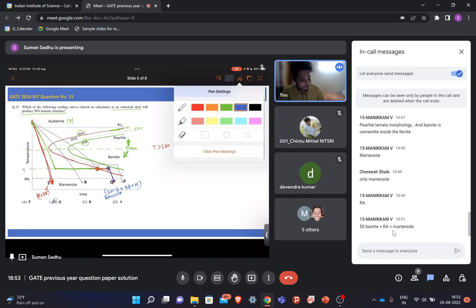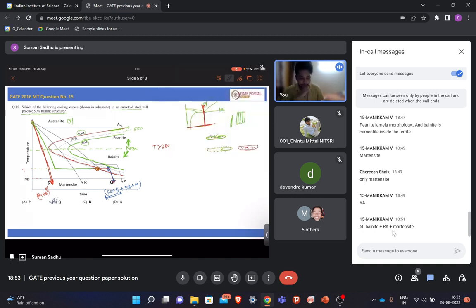But to understand this CCT curve in a much better way, can anyone try to answer if we follow this R curve? R cooling curve, what will be the final microstructure? Now we have understood, right, how we are getting different kinds of microstructure depending on the different cooling rates. The composition of this steel is the same.